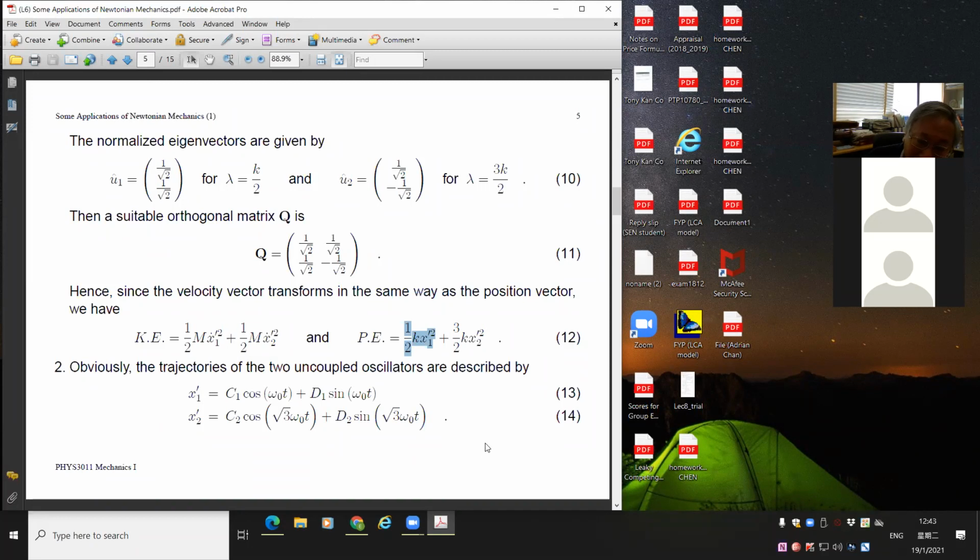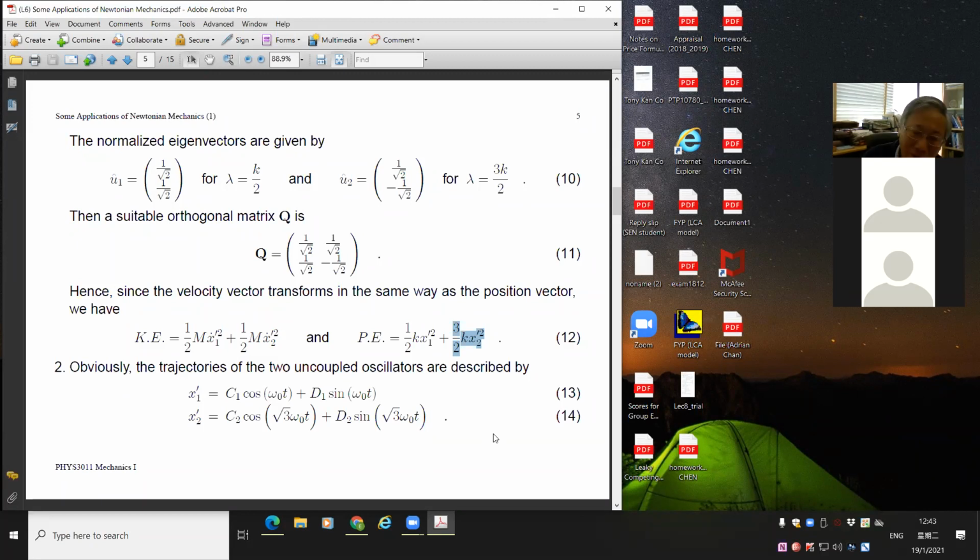Am I right? So the x1 prime must be a linear combination of cosine omega naught t and sine omega naught t, right? The block number 2 will have kinetic energy and potential energy, and we can immediately see that it represents a simple harmonic oscillator of natural frequency square root 3 omega naught.